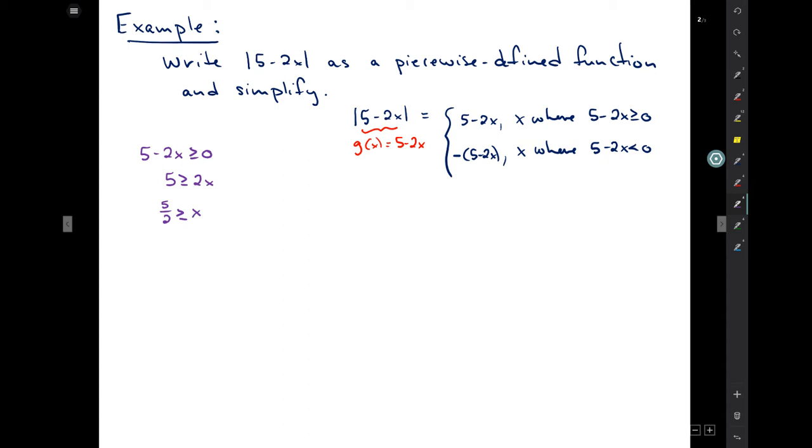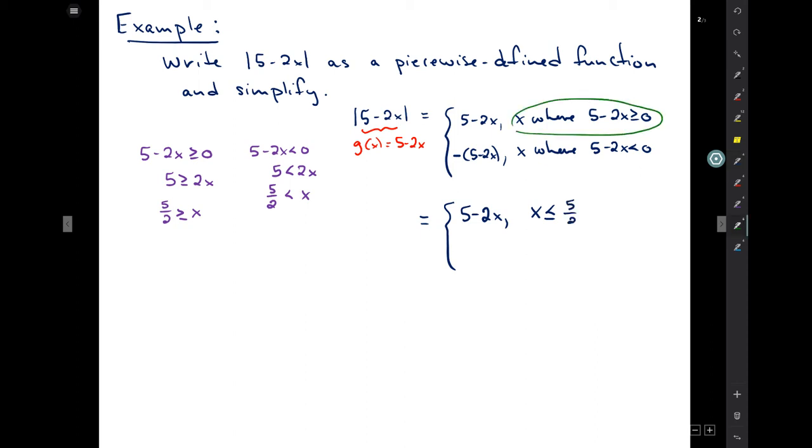And then I can also take this 5 minus 2x less than 0, and I can move the 2x over, and I can divide by 2. And so our inequality becomes, when we simplify, 5 minus 2x whenever x is less than or equal to 5/2. And again, what I did there was I took this statement and I solved explicitly for x.